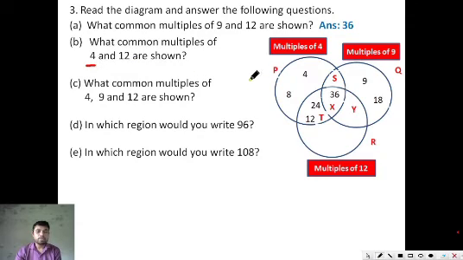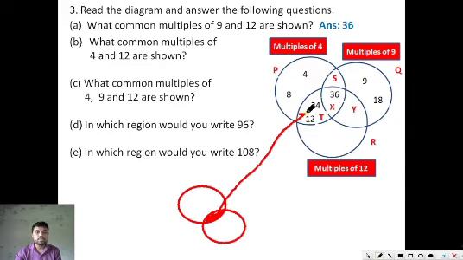So 4 and 12 are shown. Which circles are for 4 and 12? Look here, it is P and it is R. They also overlap each other. So what is the common region? This is the common region. Here the numbers are in both P and R. This is the part.